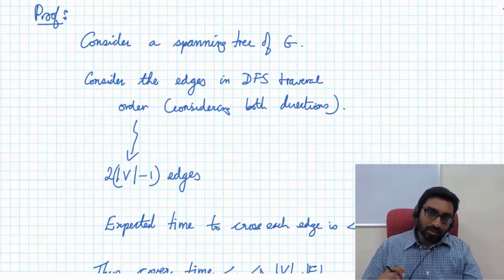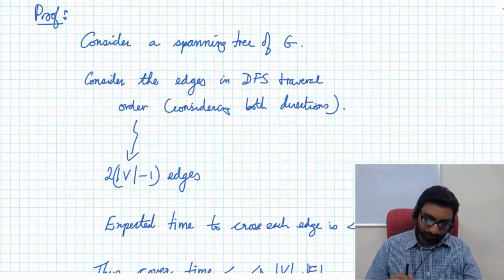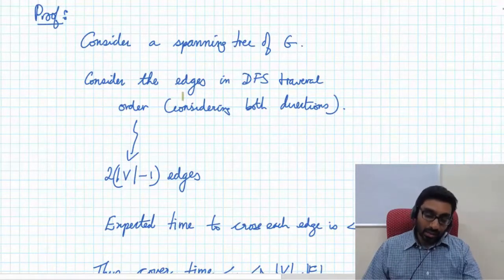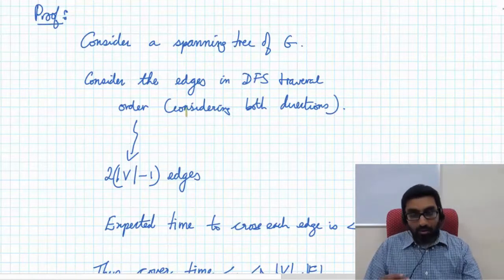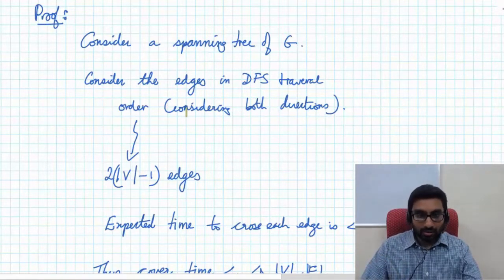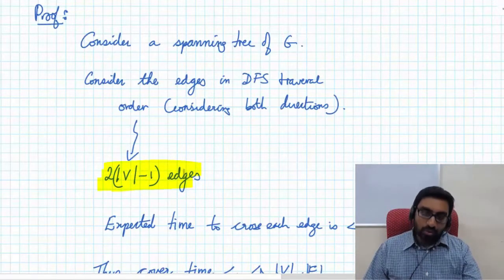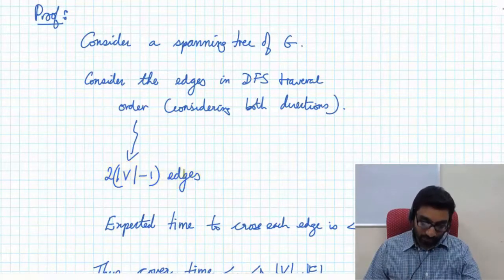Okay. So why is this the case? Well, consider a spanning tree of G. Now, if you consider the edges in DFS traversal order, and now you have to consider it in both directions, so each edge will be traversed in 2 directions. That ordering will have at most 2 times the number of vertices minus 1 edges.